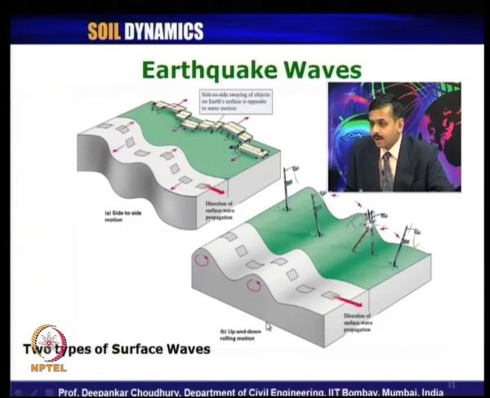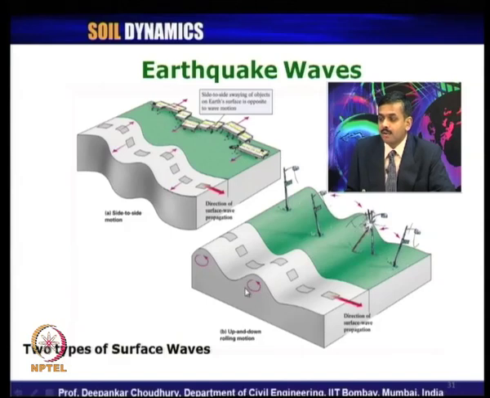And another type of earthquake wave can cause up and down rolling type of motion like this. The direction of surface wave propagation is in this direction, however, the nature of the motion on the ground surface is something like a rolling type up and down motion. What does it mean?